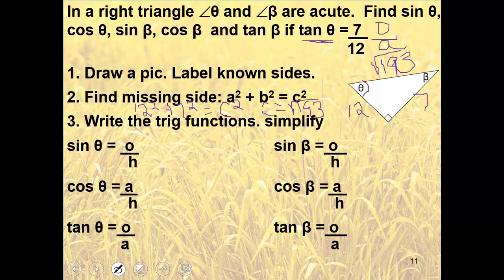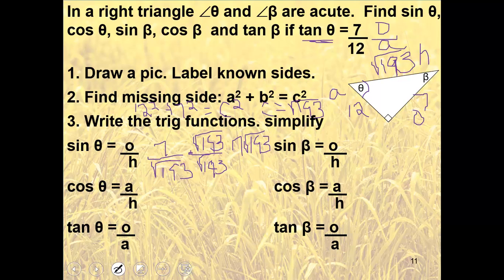All right, here we go. We have the side opposite, the side adjacent, and the hypotenuse. I'm going with theta again. You'll do beta on your own, and we can check it in the morning when you come to class. The opposite is 7 over the square root of 193. I have to multiply top and bottom by the square root of 193, which gives me 7 square roots of 193 over 193.